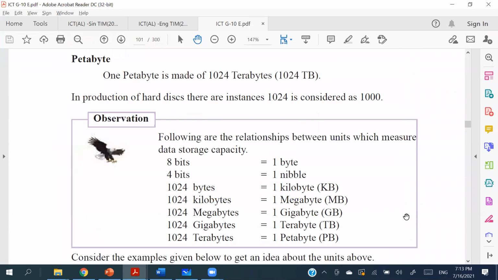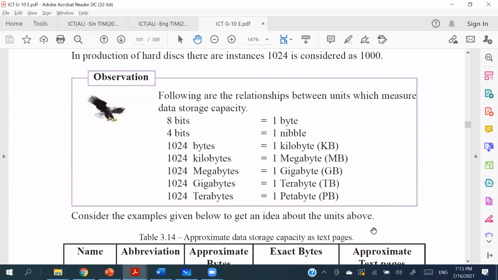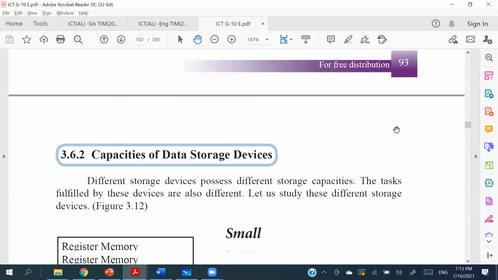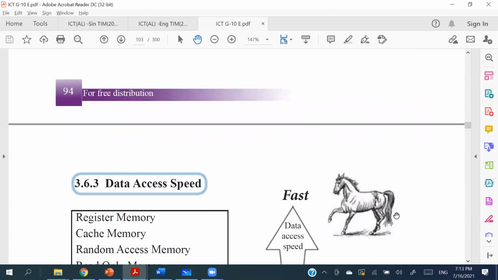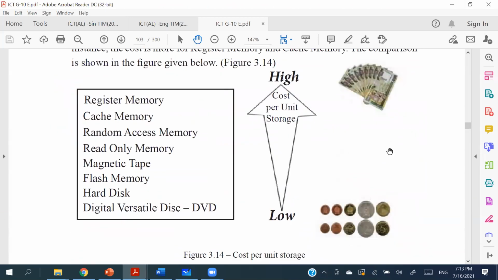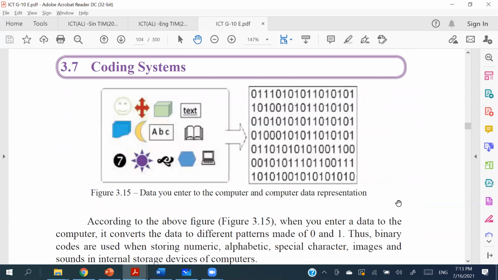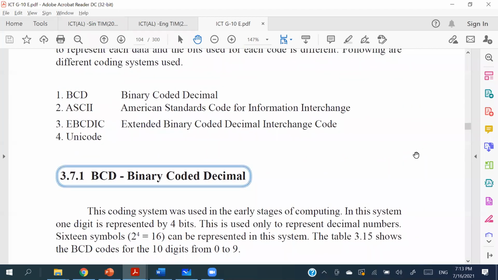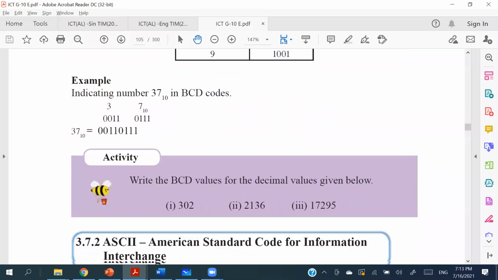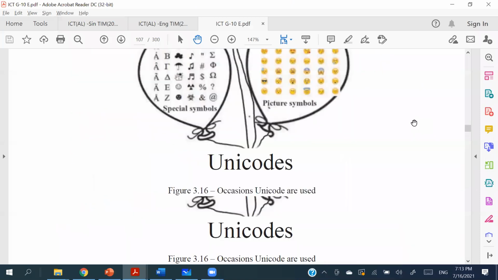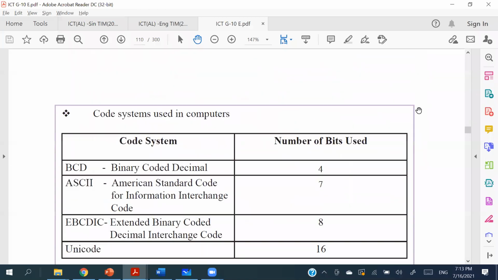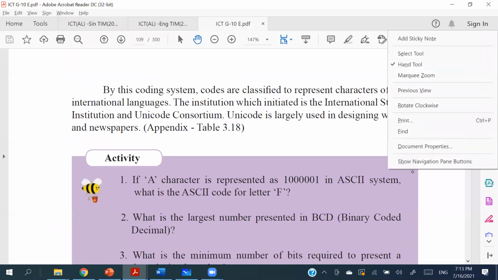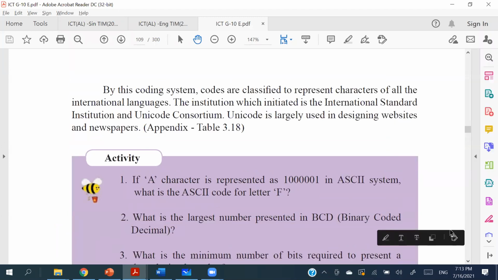And we get to know how these things are related to each other, and how the storage is arranged. And then after, we have to do the coding systems, which are called BCD, ASCII, EBCDIC. Then we are done.